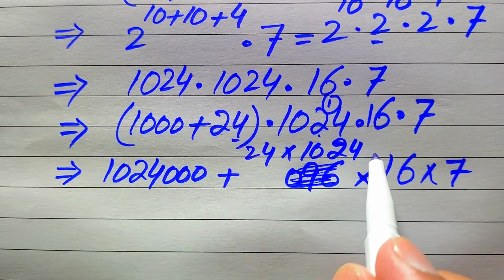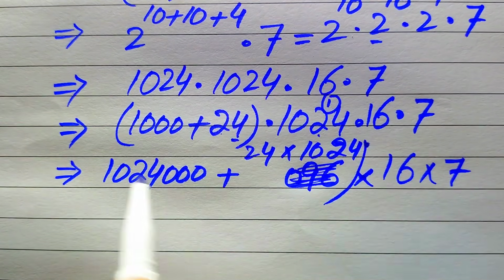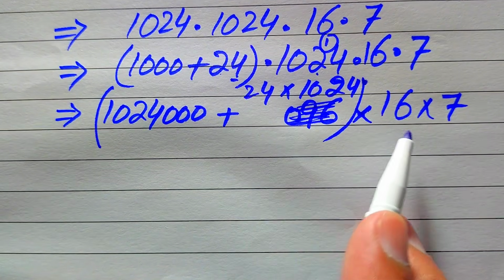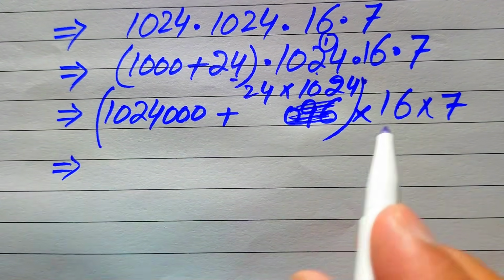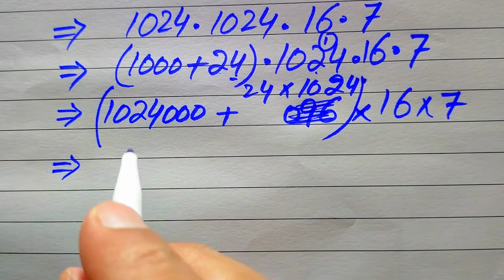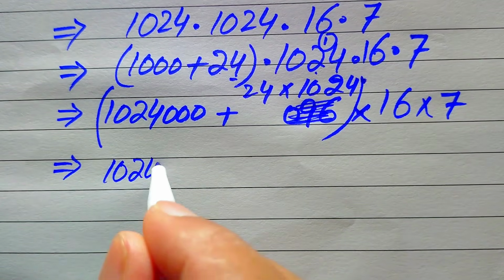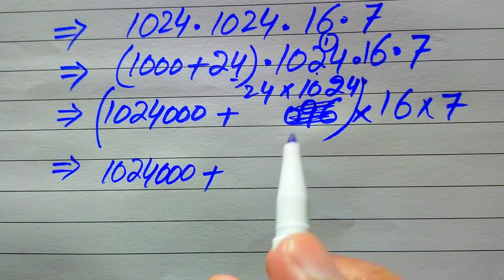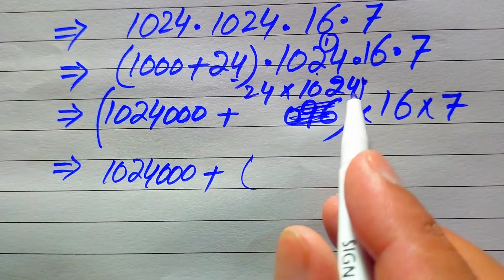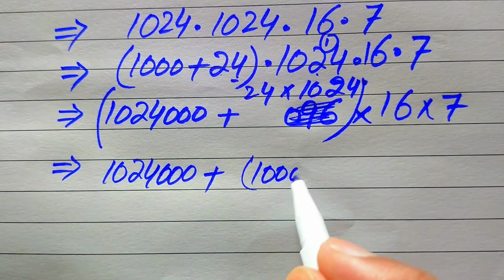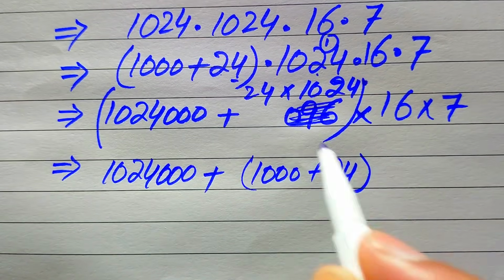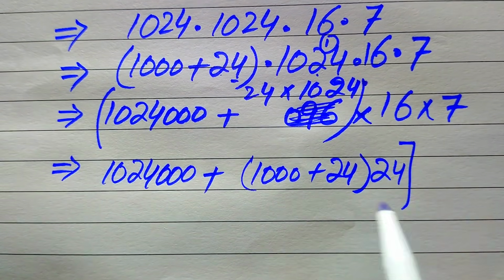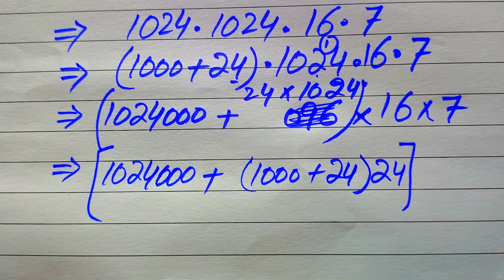Now we combine these values and first simplify these terms, and the resulting answer is multiplied by these terms. So we have 1024 and 000 plus. Here we break 1024 again as 1000 plus 24, and we multiply this number with 24.